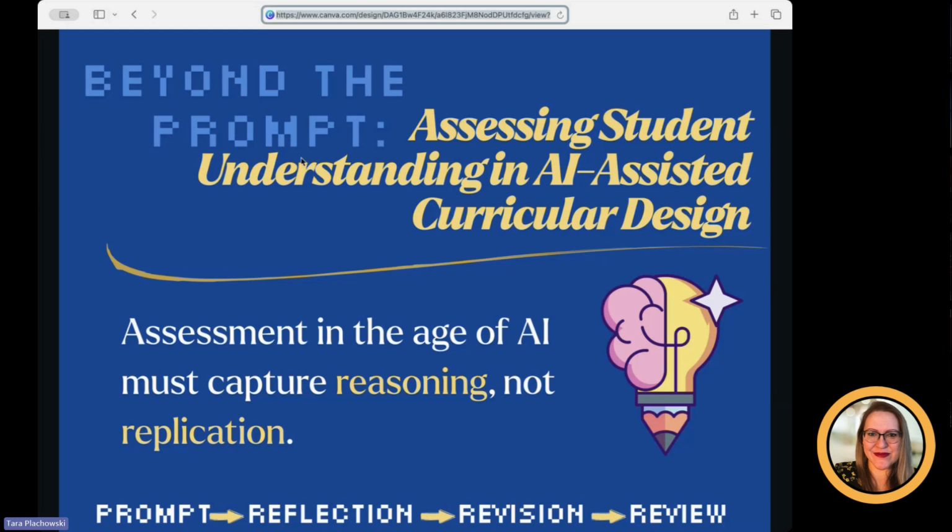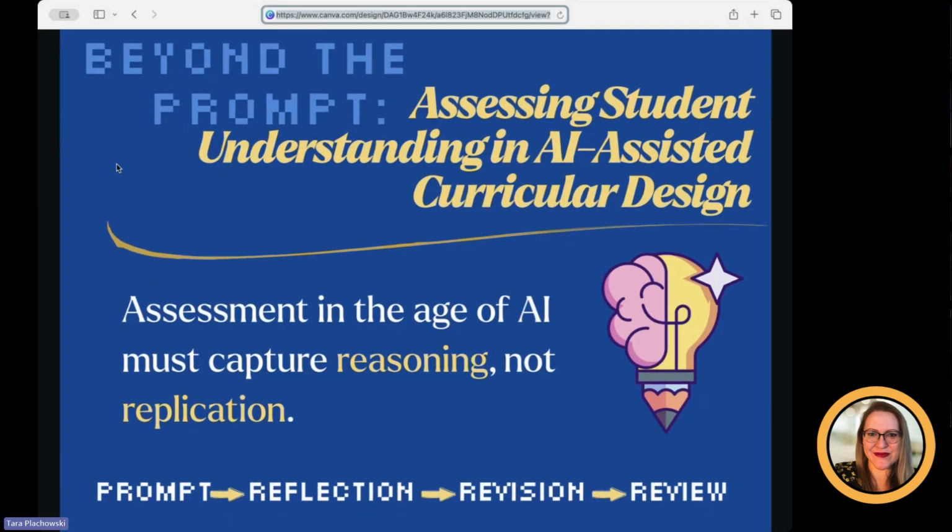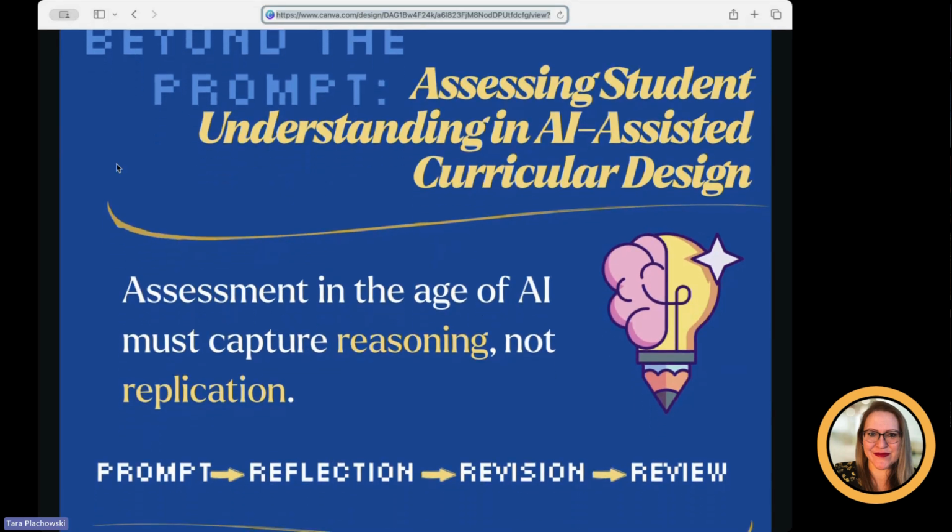What I did in this assignment is I used an element of them creating and designing a lesson plan, and I invited them to lean into GenAI, which many of them were very resistant to do, and we had to have that conversation.